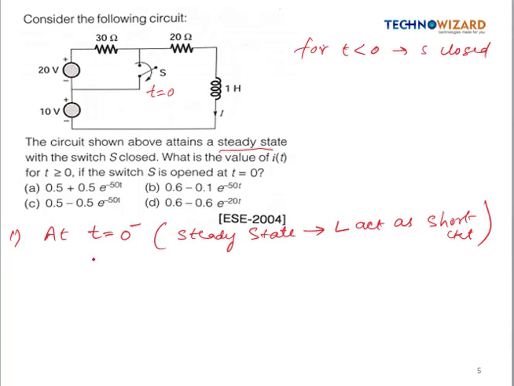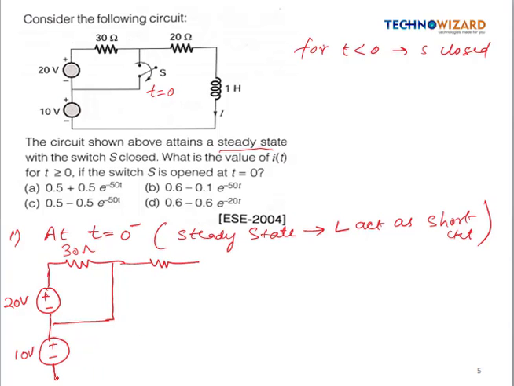So for t less than 0, our circuit will be like this: is 20 volt battery. Here we have another battery, so this is plus and minus. This is 10 volt, this is 20 volt battery, right? So here we have a resistance of 30 ohm, and for t less than 0, the switch is closed. This is 30 ohm and this is 20 ohm resistance, right?